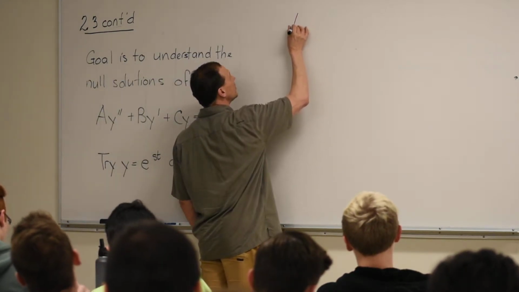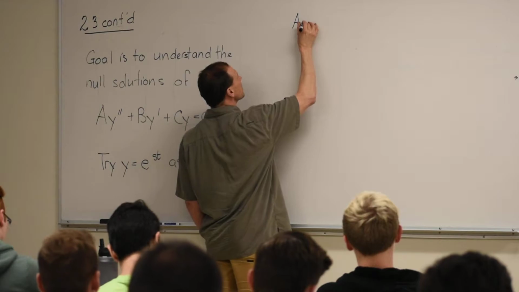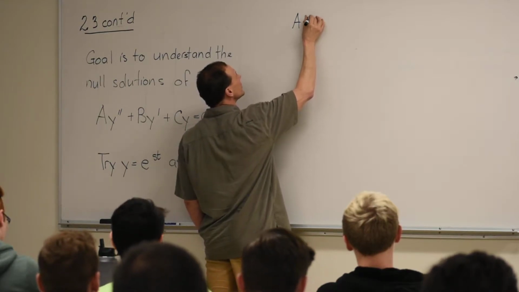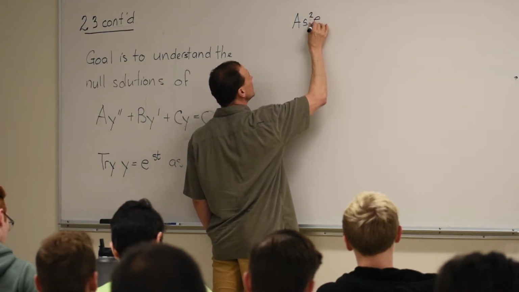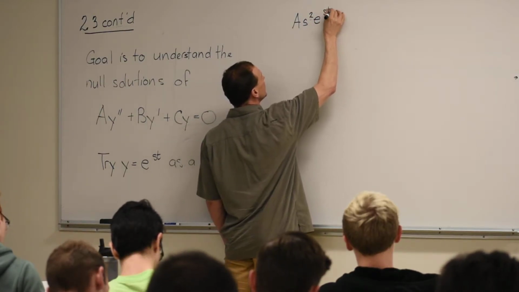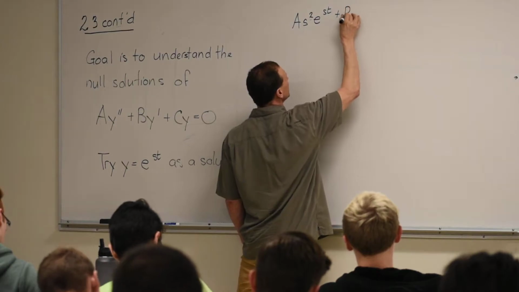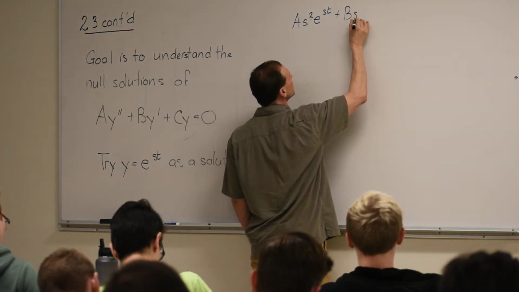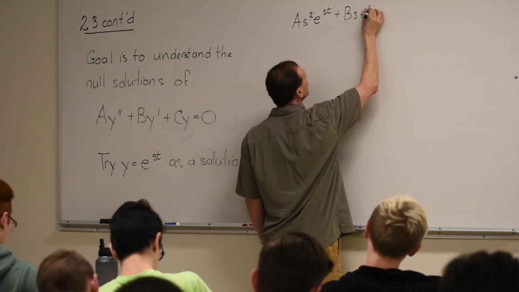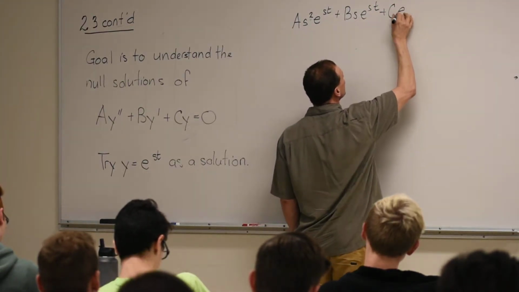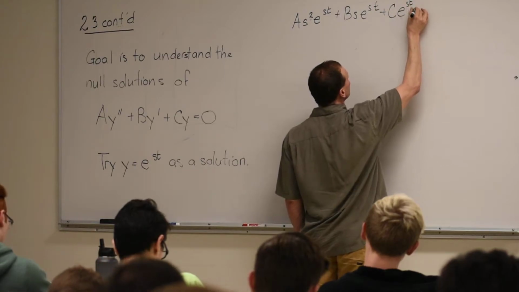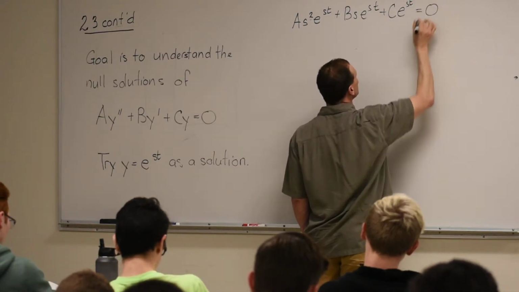That gave us the problem of a s squared e to the st plus b s e to the st plus c e to the st equals 0.